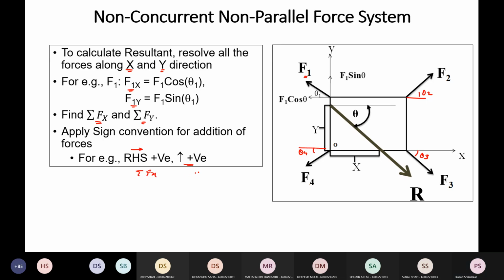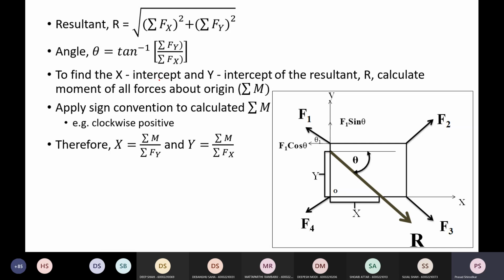Calculate the resultant by using the same method, that is the square root of summation Fx squared plus summation Fy squared, and theta will be tan inverse of summation Fy by summation Fx. Now say when I calculate this, I get summation Fx positive and summation Fy negative. So the force will be in this direction.